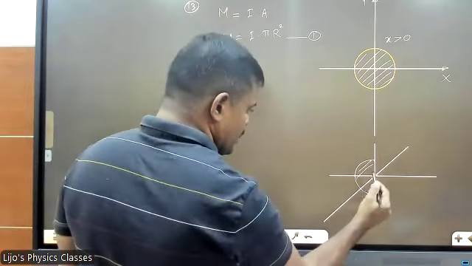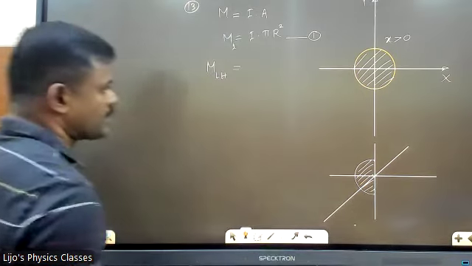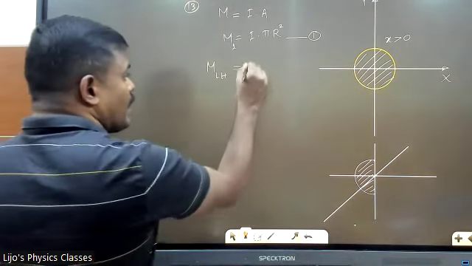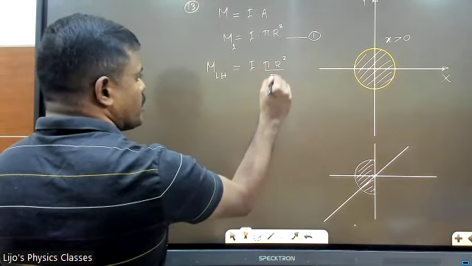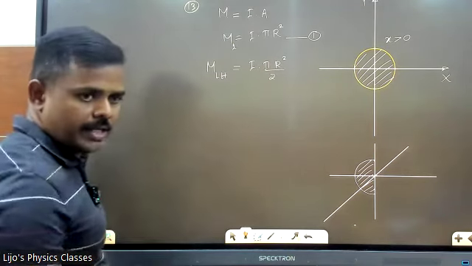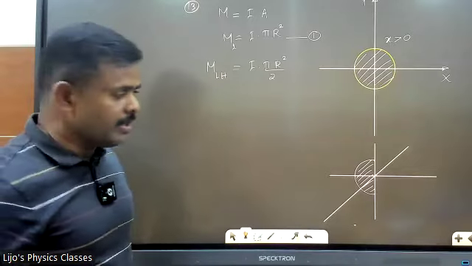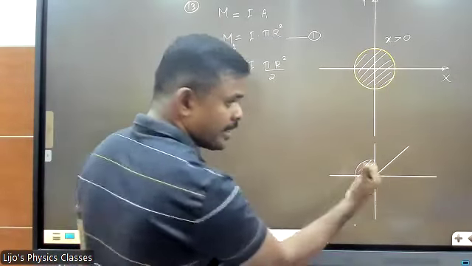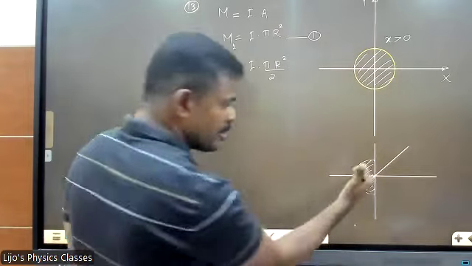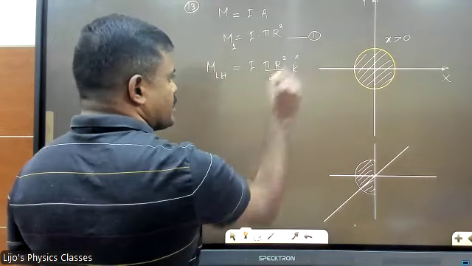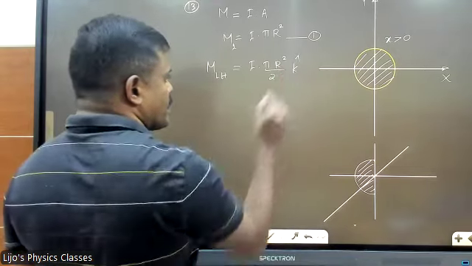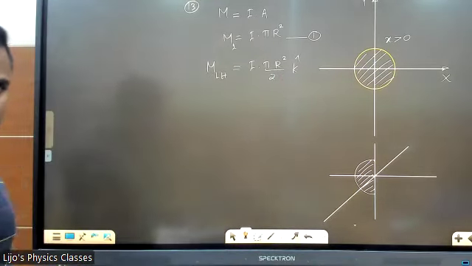Let's shade it. What is the magnetic moment for left half? I into pi r square by 2 because the area is half now, right? And where is the area vector? The area vector should be perpendicular to it, right? Perpendicular out means k cap. Out means k cap. All right.